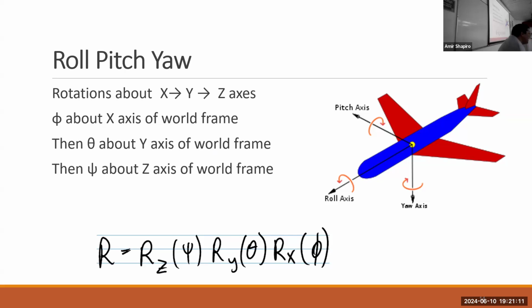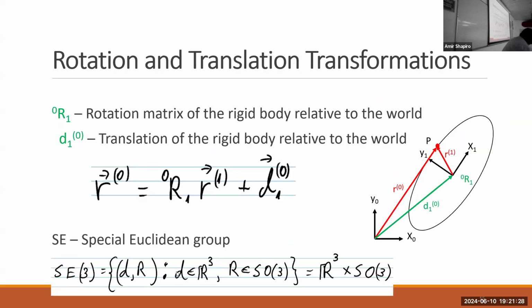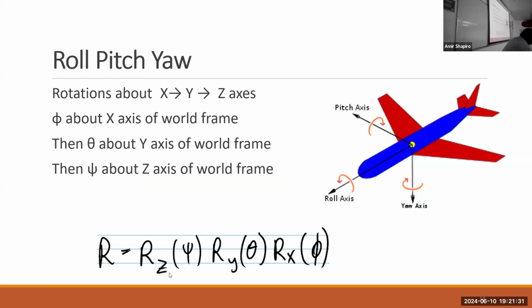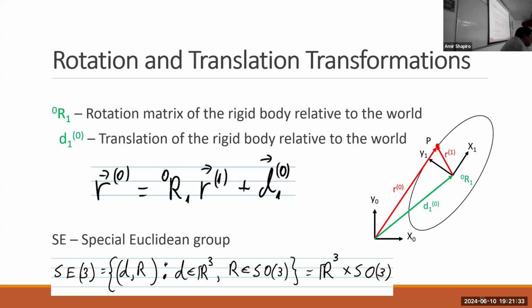But now we multiply in a backward order. So the first rotation is on the right, and then the second and third on the left. And those are the roll, pitch, yaw parameterization of the rotation matrix.